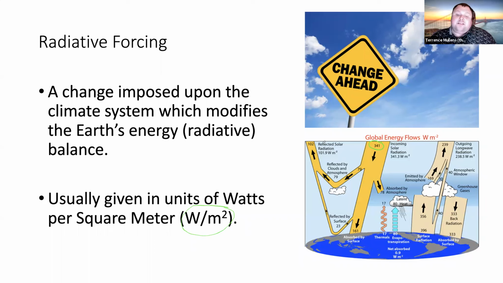Of those, 102 are reflected out. And then the Earth emits 239. So radiative forcings are things that change this.